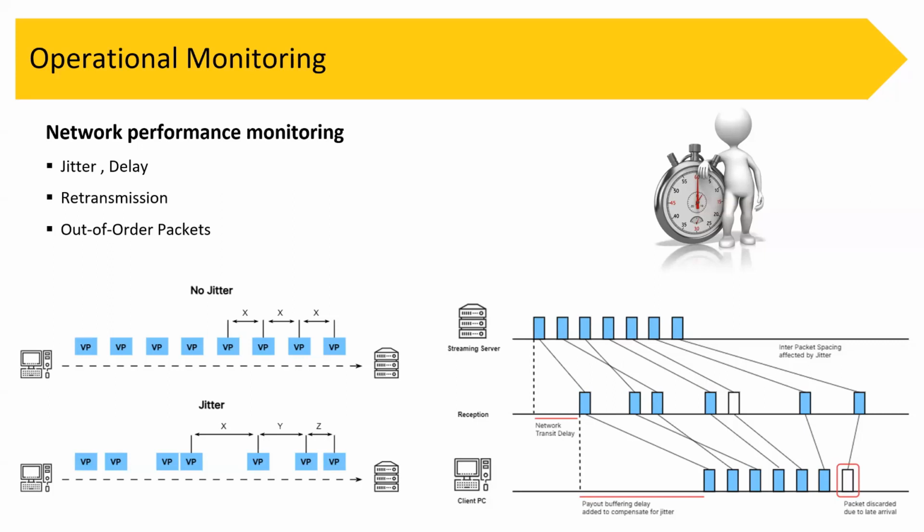That means routers and switches are busy handling all these packets, and some packets are stored for a longer time before they are forwarded in a switch or in a router.